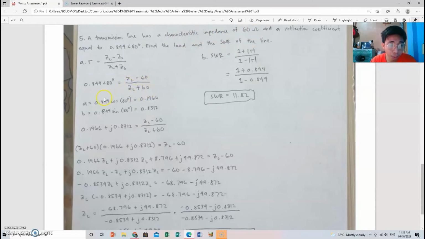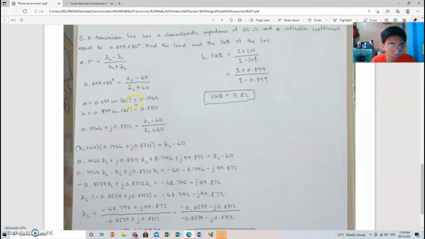So first we need to convert this polar form of the reflection coefficient into a complex number. In order to do that, we simply let A be the real part, that is 0.844 cosine 80 degrees.